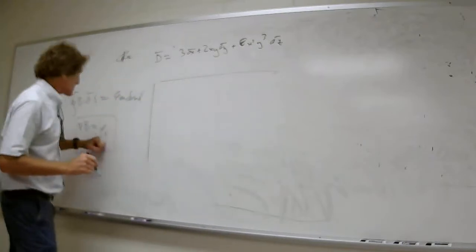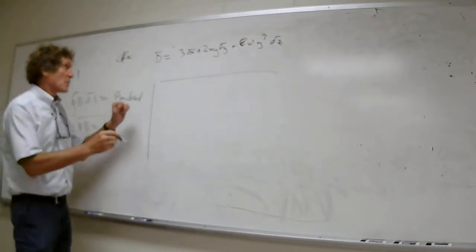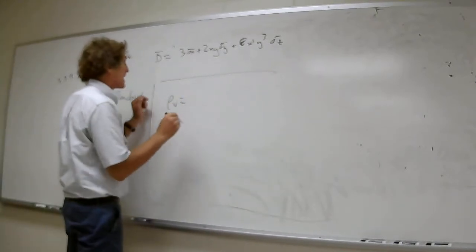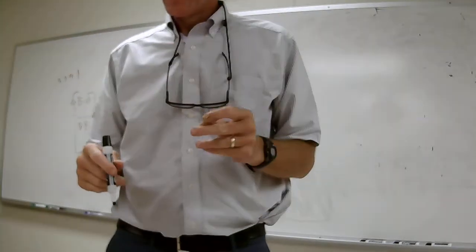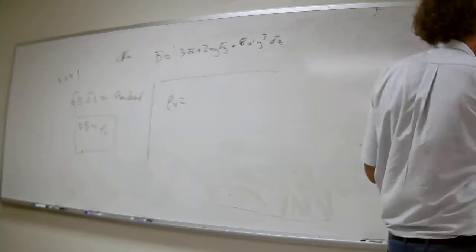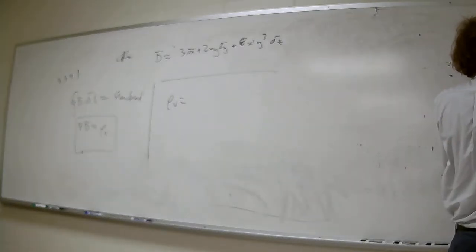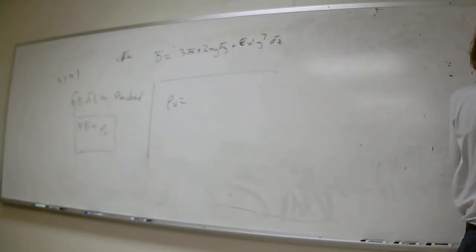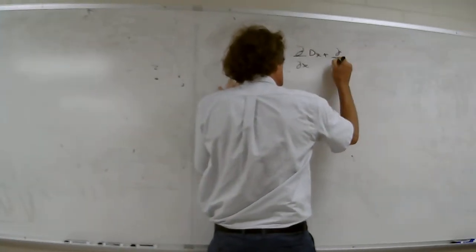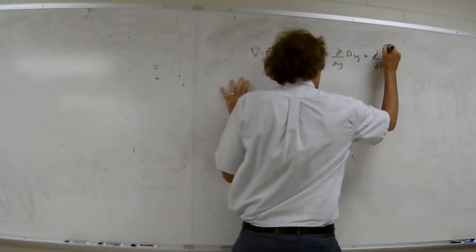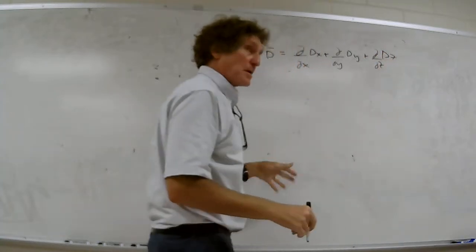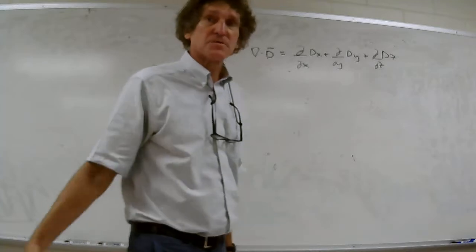So to get this rho v, which they're asking for, the only thing we have to do is take a divergence of that. What coordinate system are we in, class? Cartesian. So divergence in Cartesian is d/dx of Dx plus d/dy of Dy plus d/dz of Dz. That's all it is. We can put it in cylindrical or spherical, as in the back.